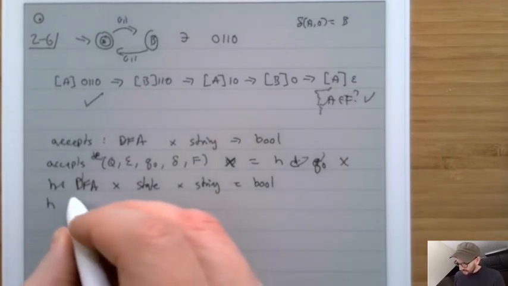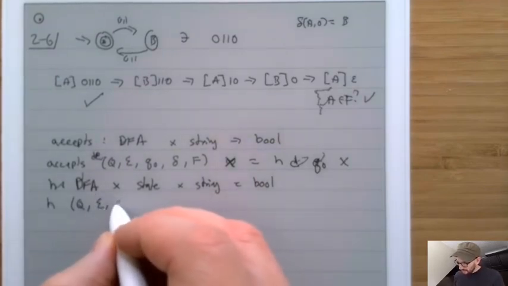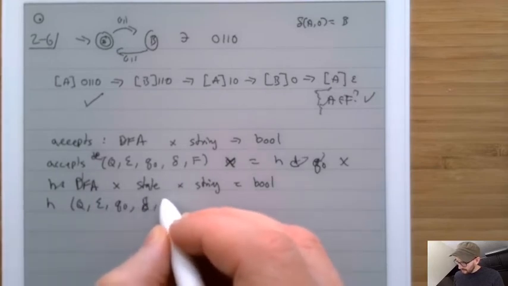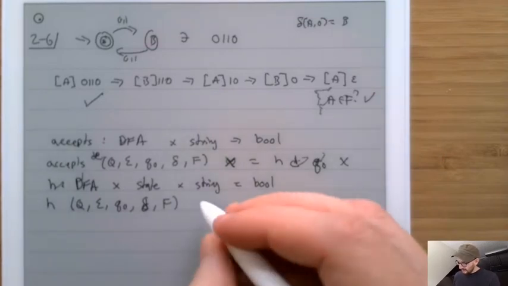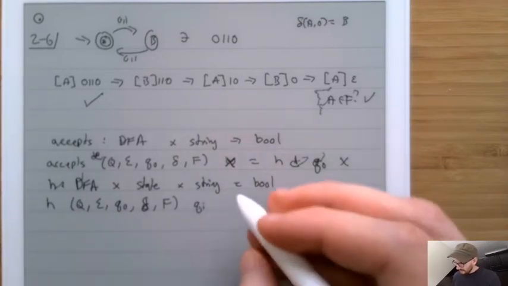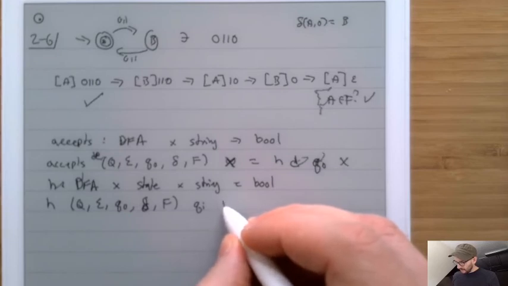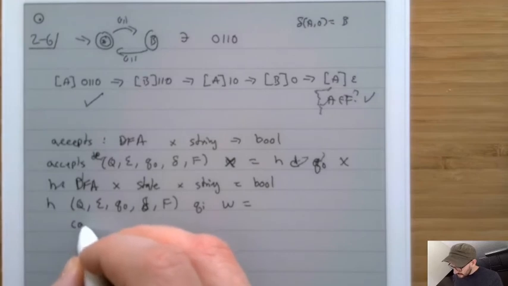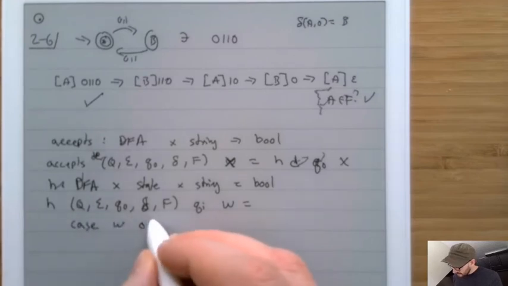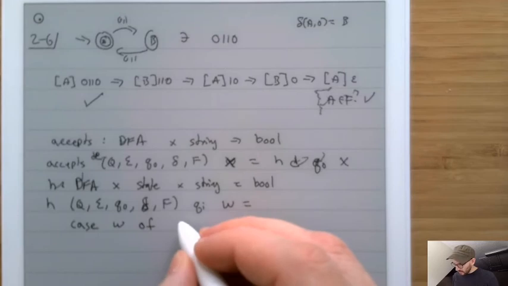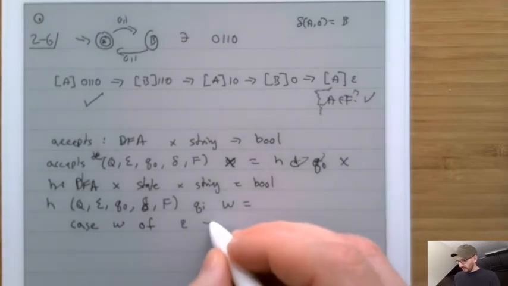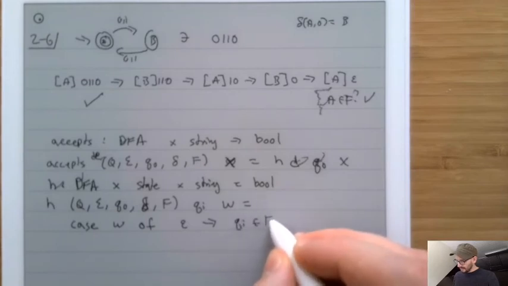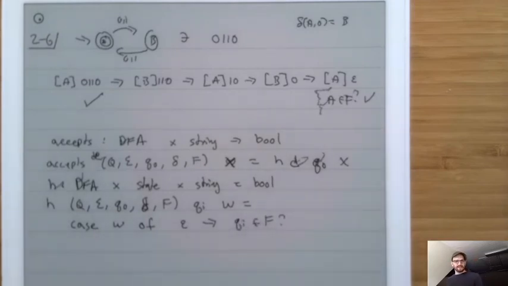So H is going to be called with Q, sigma, Q0, delta, F, and then it's going to get some state Qi, and then some string W. Okay, and we're going to do a case on W, and there are two situations. Situation 1 is when we get epsilon. If we get epsilon, then we're just going to ask the question, is Qi inside of F? And return that.